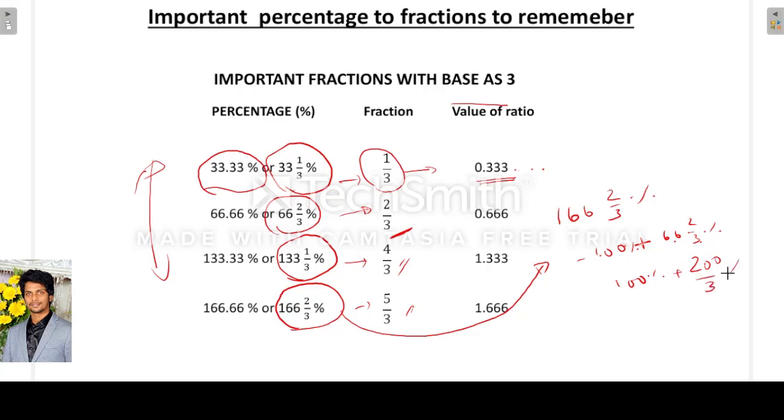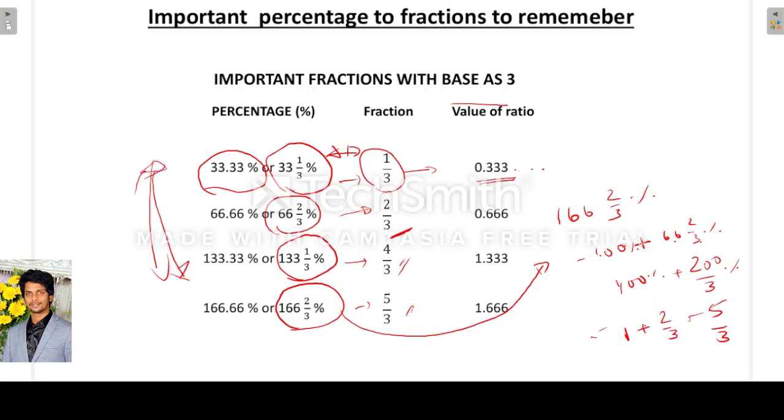In order to convert this percentage into fraction, we need to divide this whole by 100. So 100 by 100 is 1, plus 200 by 3 by 100 means 2 by 3, which is nothing but 5 by 3. In this way, we can convert percentage into fraction, but these are the few percentage to fraction conversions which we need to remember in order to solve the problems easily.